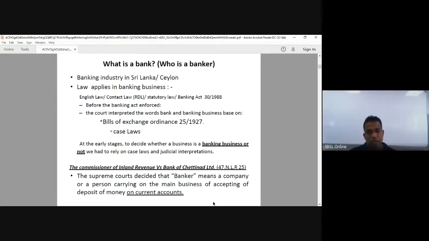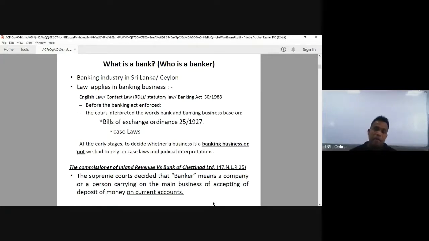All bills of exchange and checks are governed by this ordinance, Ordinance number 25 of 1927. Even today, the law applicable to checks is the Bills of Exchange Ordinance. Therefore, you have to be familiar with it.